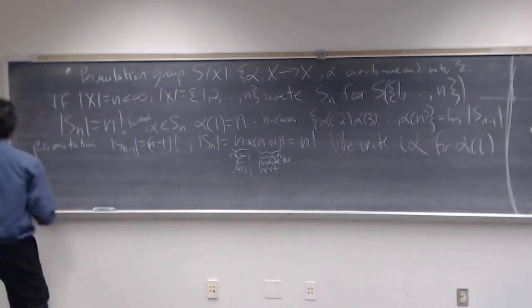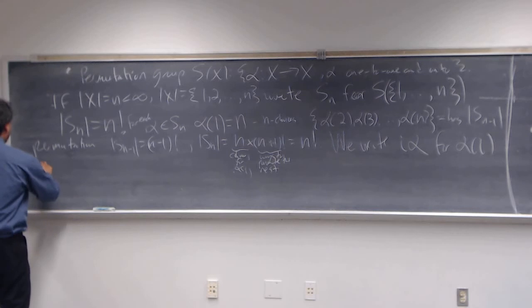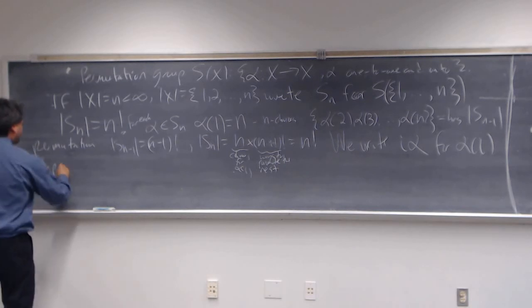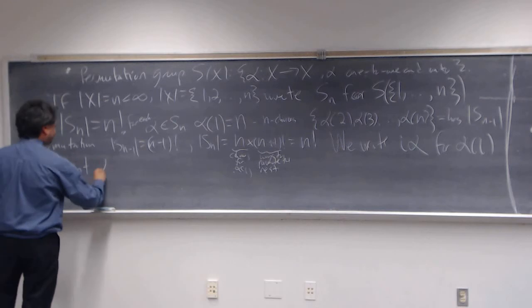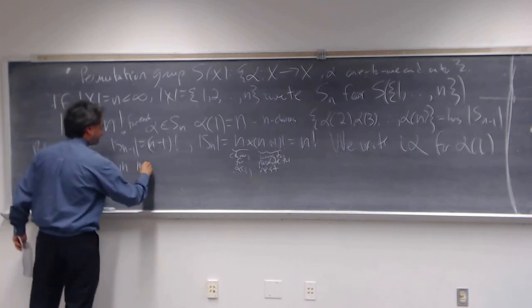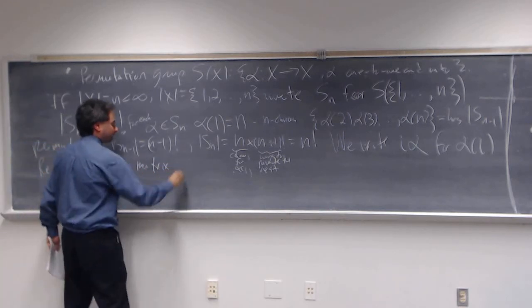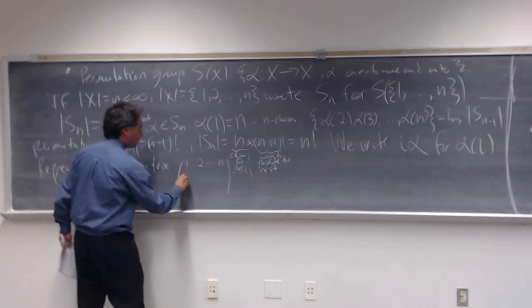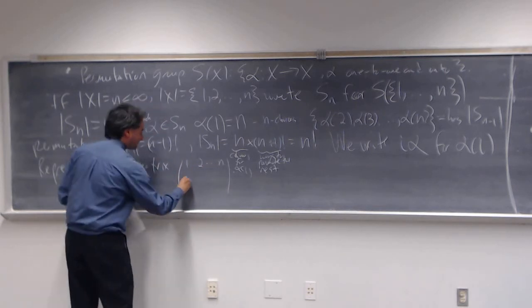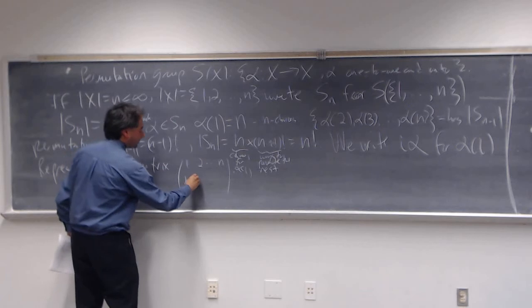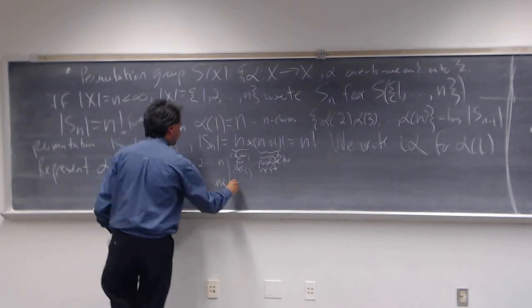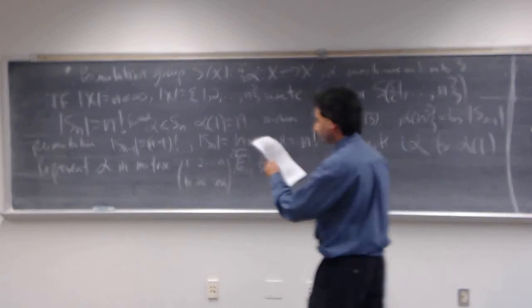So if alpha is a permutation, we can represent it as a matrix. You put 1, 2, all the way up to n, and then below it you put the value of 1 under the permutation, the value of 2 under the permutation, up to the value of n under the permutation.